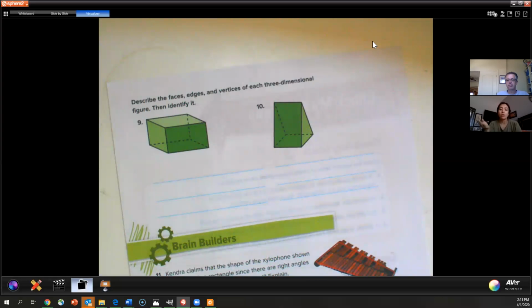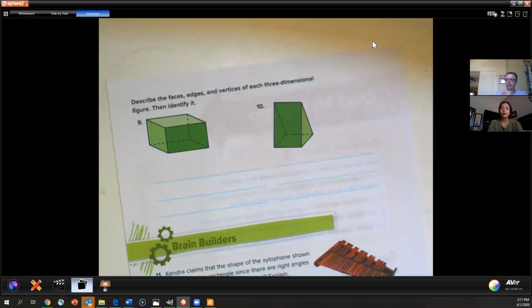And they want you to do that for each 3-dimensional figure, and then they want you to identify it. So look back on your homework. We did very similar ones to these as well, and make sure that you are using your complete sentences, and make sure you're answering for all the faces, the edges, and the vertices. And make sure at the very end to identify what that figure is.